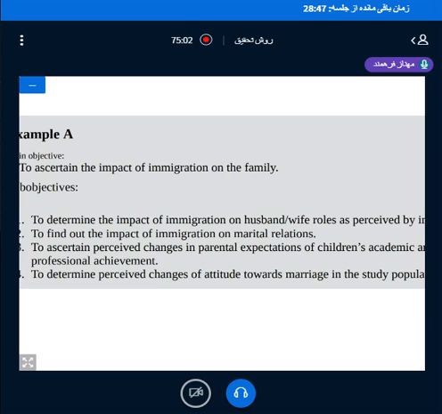To find out the impact of immigration on marital relations. 3. To ascertain perceived changes in parental expectations of children's academic and professional achievement. And 4. To determine perceived changes of attitude towards marriage in the study population.